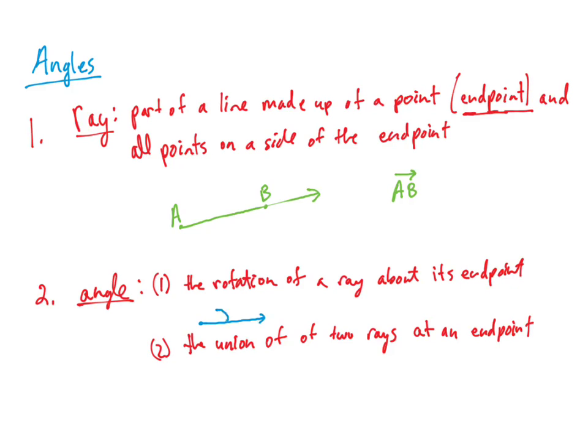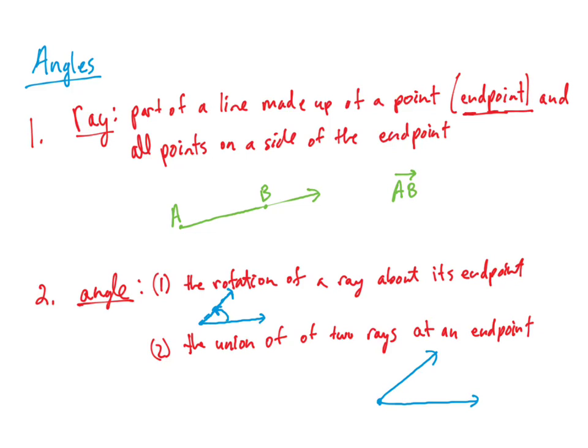Let's say we rotate it in the counterclockwise direction, so it ends up here. So the initial ray and then the rotated ray together form an angle. Or we can say if we have two rays that are joined together at the same endpoint. So that's a second way we can define what an angle is.